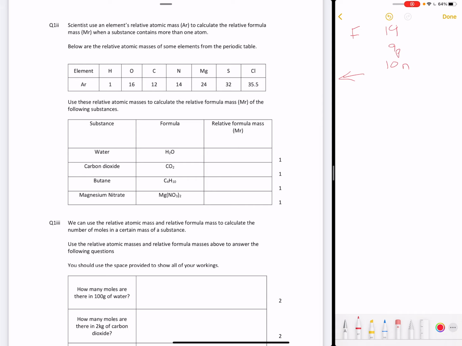So pause the video here, have a go at the relative formula mass: calculate the relative formula mass of water, carbon dioxide, butane, and magnesium nitrate. And what this question does provide you with is the formula for each compound. Pay particular attention to magnesium nitrate because it's got some brackets there. So pause the video and off you go.